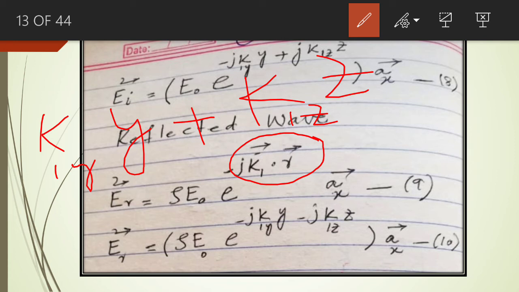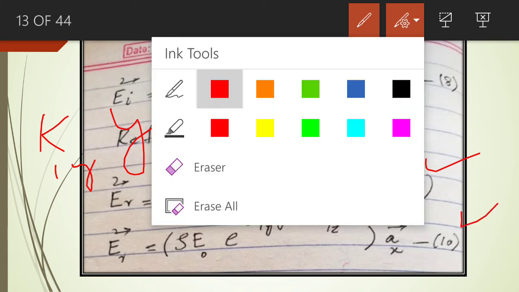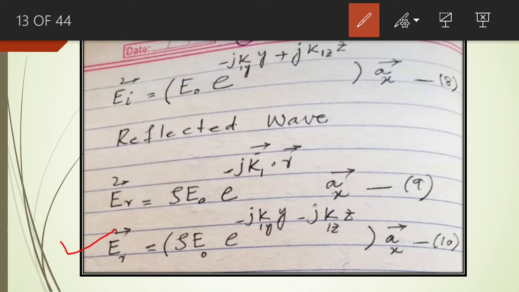So if we put this value of k1 prime dot r in equation number 9, we obtain equation number 10. So the electric field intensity of the reflected wave in equation number 10 is equal to rho E naught into e raised to power minus j k1 y minus j k1 z, and definitely the reflected wave will be in the direction of the unit vector ax.